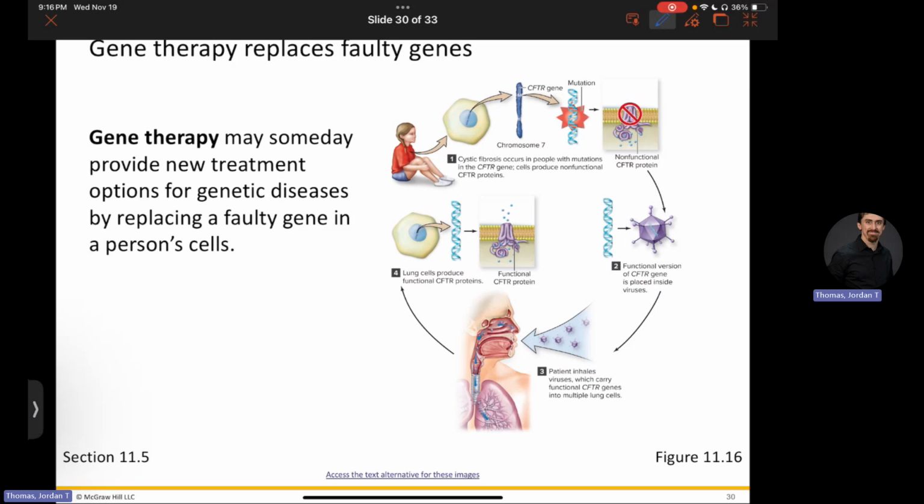Gene therapy is still something being developed, it's not widely available just yet. There are a lot of hurdles that need to be overcome for gene therapy to be more prevalent, more widespread. But someday it can provide new treatments for genetic diseases by going in to replace the faulty gene.